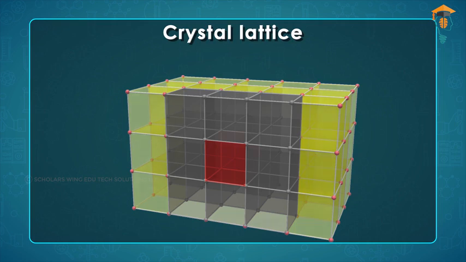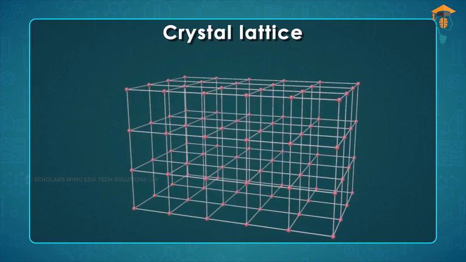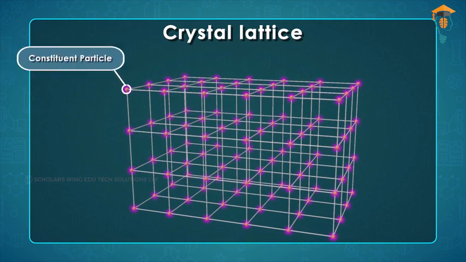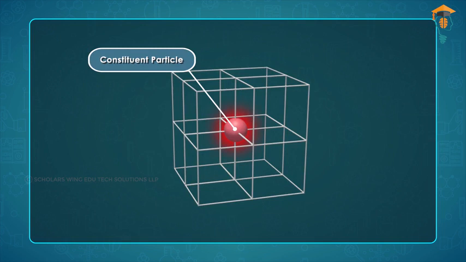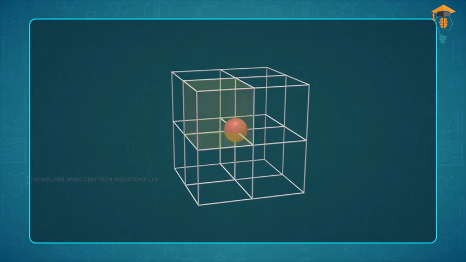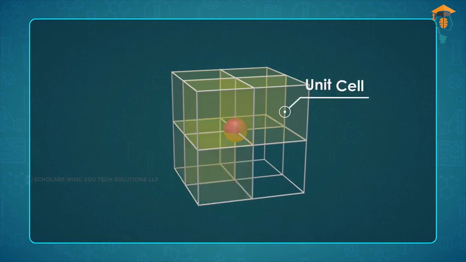And guys, we also know that every lattice point is occupied by one constituent particle, right? So, look at this constituent particle at that particular lattice point. This is actually shared by many such neighboring unit cells, right? That means this particular constituent particle does not belong completely to one particular unit cell.